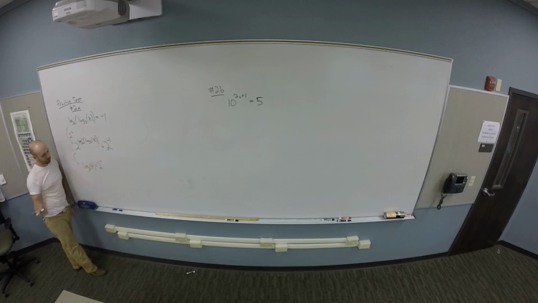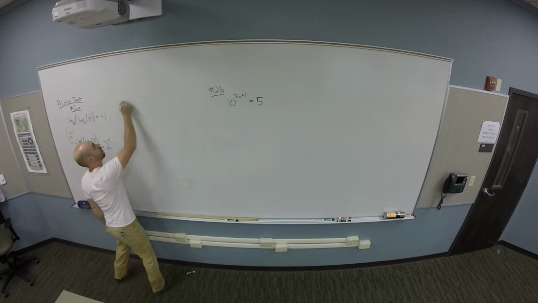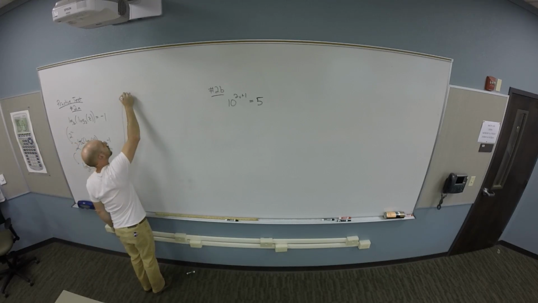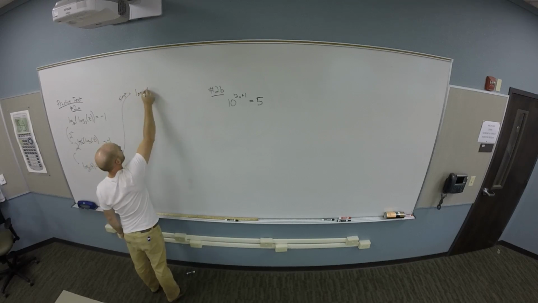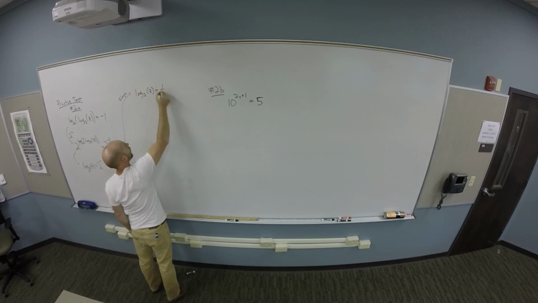And 2 to the -1 is something I know about, right? That's a half. So, maybe simplify: log base 3 of z is 1/2.